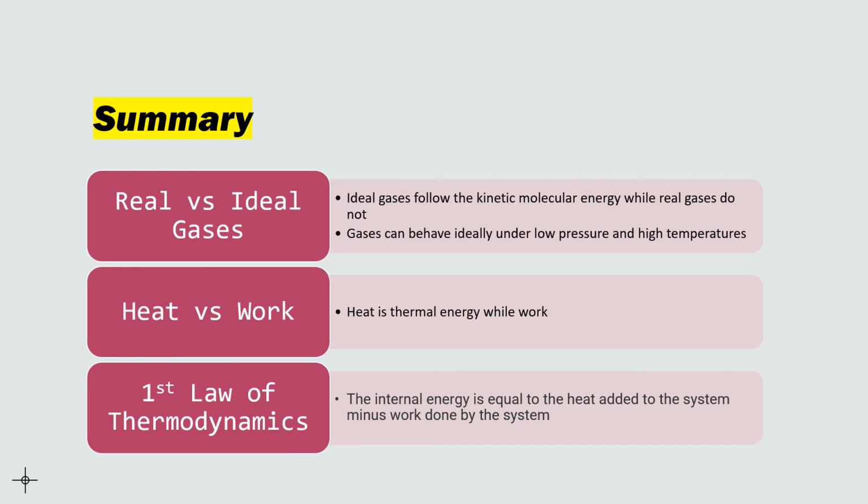Heat and work are both a transfer of energy between two systems, but heat is thermal energy while work is mechanical energy. Finally, the first law of thermodynamics states that the change in the internal energy is equal to the heat added to the system minus the work done by the system. This would conclude the lecture.